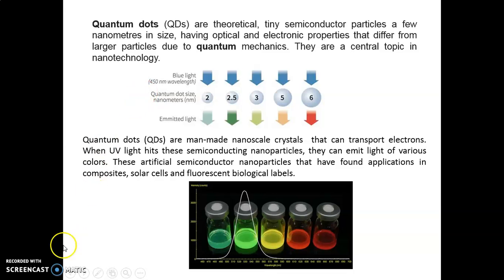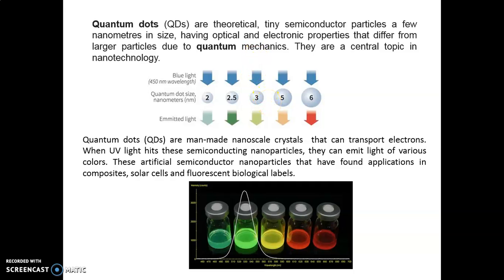That is a very important point. The same material in large particles has different properties, especially optical and electronic, due to quantum mechanics.